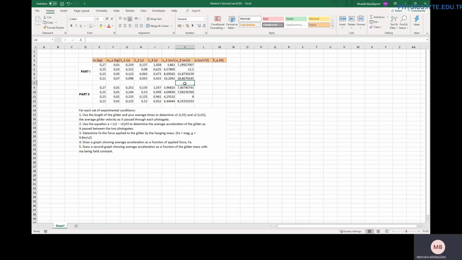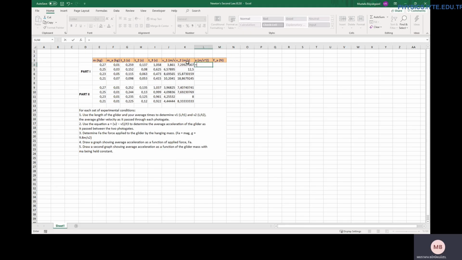Again, I will delete this extra empty row, and now I'm going to calculate the acceleration from the formula given in our laboratory manual. The difference in velocities over the time it takes between photogates will give me the acceleration results.